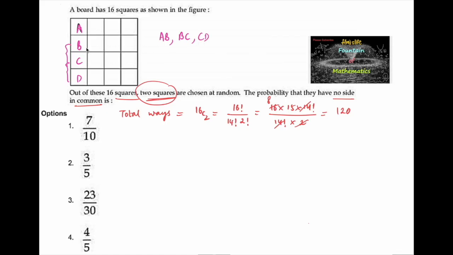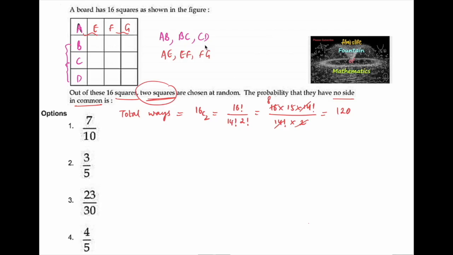So these are the three adjacent from one column. And similarly, if I consider this is E, F and G from the row, AE adjacent, EF adjacent and FG, they are also adjacent.